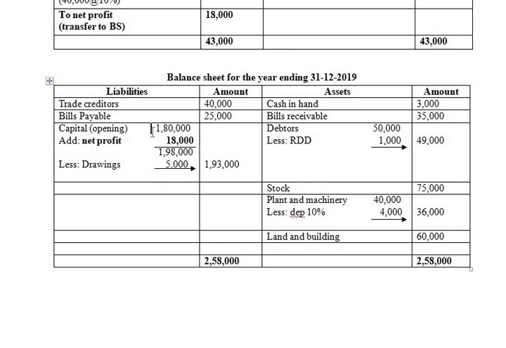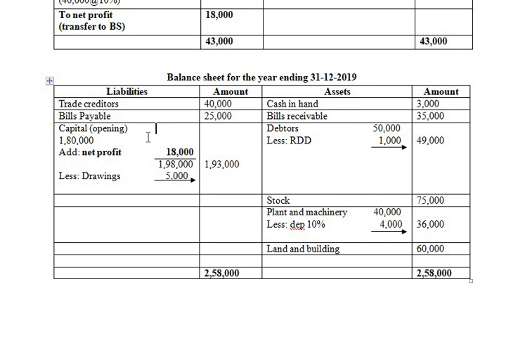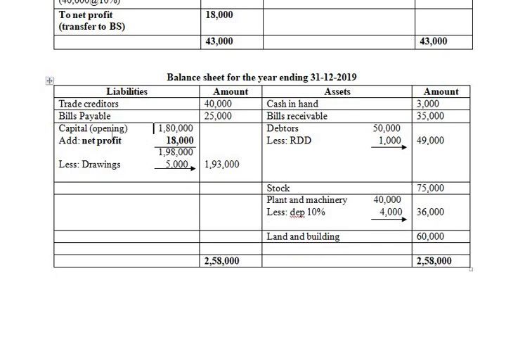So where will you write this particular entry, it comes in case of capital. First you write down the capital, add net profit minus drawings, which is 1,93,000.